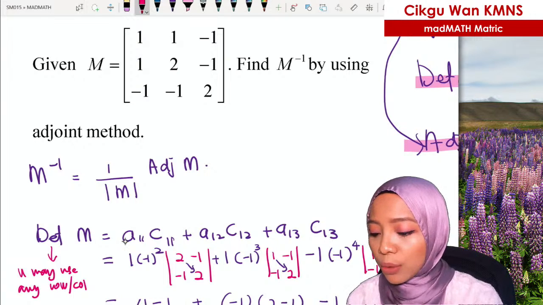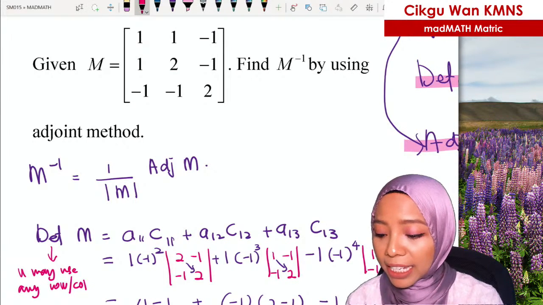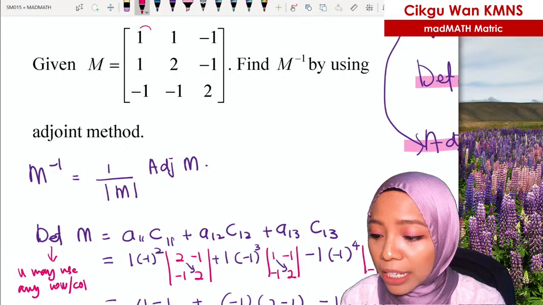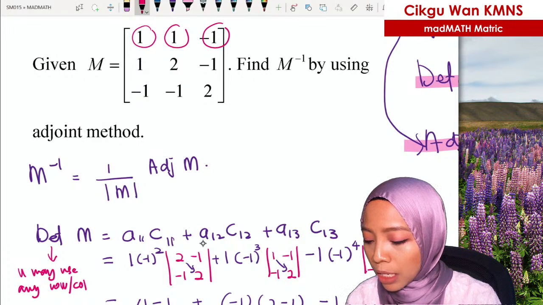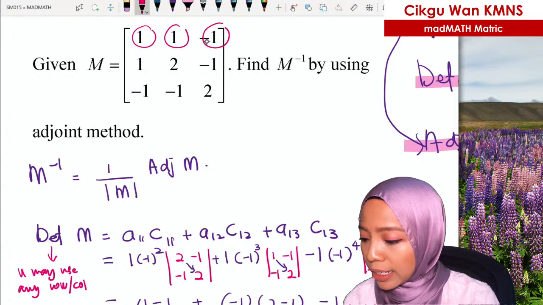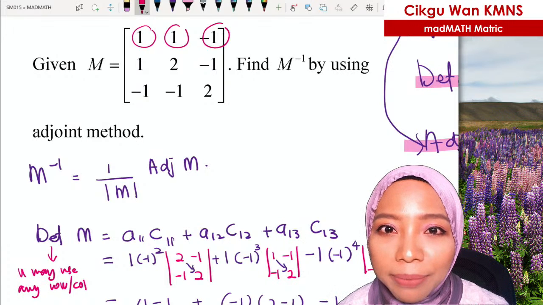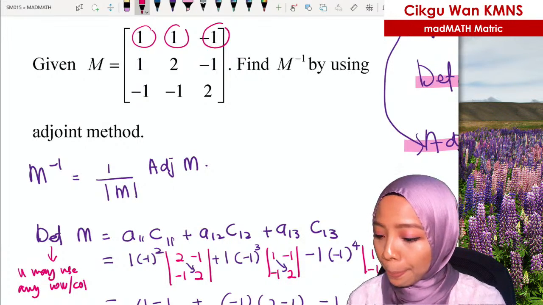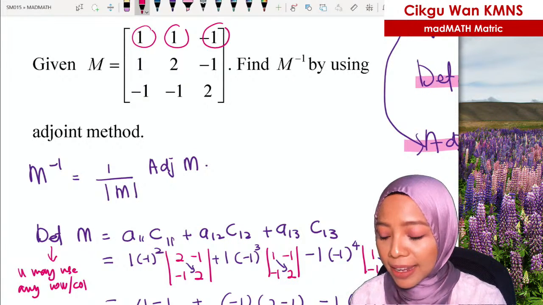Just now, semua-semua tu cikgu masukkan. A ini adalah the element of the matrix. Basically, cikgu just masukkan sahaja A ni, ganti sahaja 1, A12 ini 1, and then A13 ini negative 1. Boleh? Kemudian cofactor itu adalah negative 1.